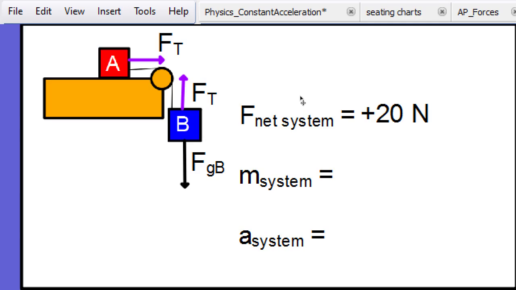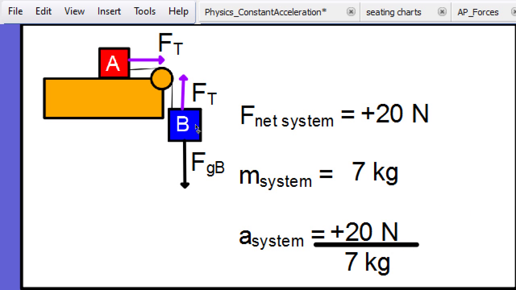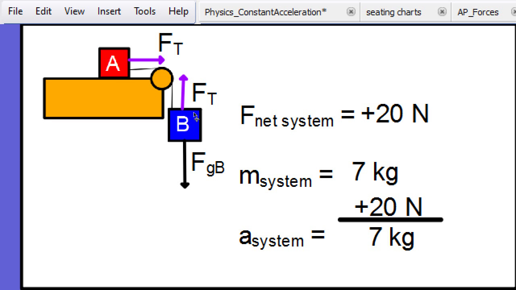That's 5 kilograms for A and 2 kilograms for B, which gives me 7 kilograms total. So what's the acceleration of my system? That's going to be 20 newtons divided by 7 kilograms, which gives me positive, because it's moving forward, 2.86 meters per second squared.